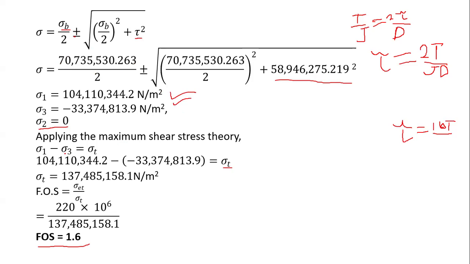That is now simple. We can now go ahead and apply the maximum shear stress theory, where we said stress 1 minus stress 3 equals stress T. Suppose we had already been given stress T, the tensile stress for material loaded in tension, the working principle stress.